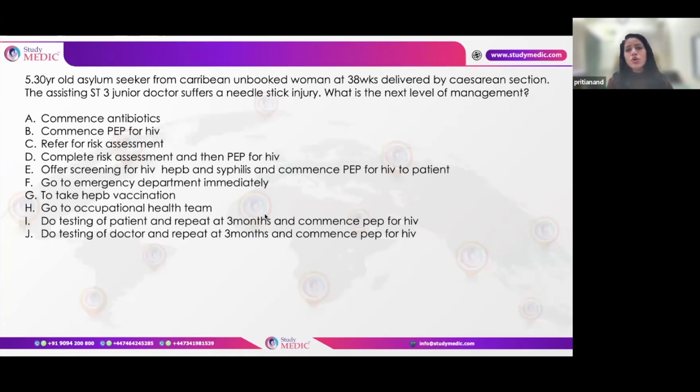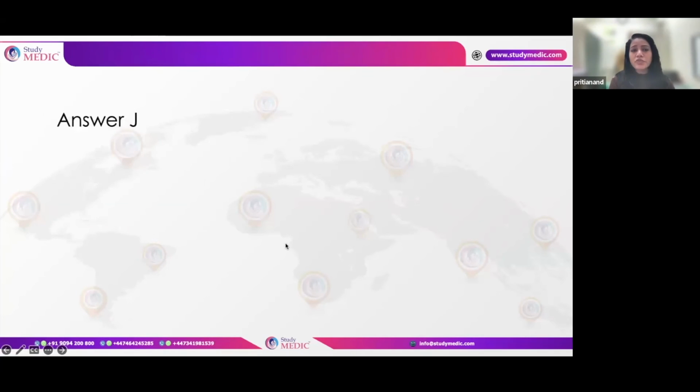There was a question in your exam once, an exam tested question. The doctor was performing some surgery and got a needle stick injury from somebody known to be HIV positive.